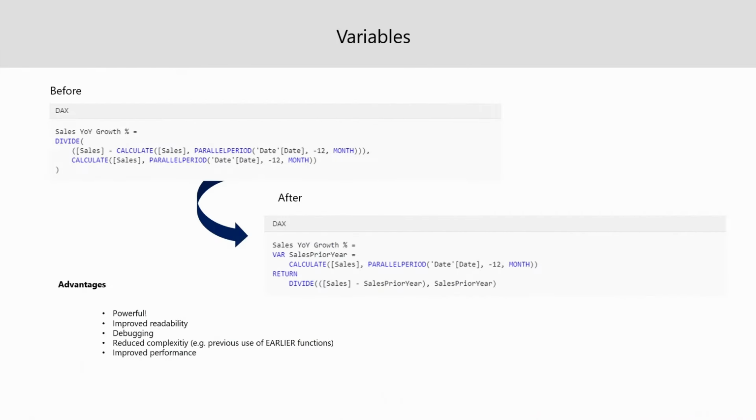Variables are specific DAX formulas that allow you to introduce some complex formulas to your model, while not making the formula too long, but instead using variables as a way to improve the readability, the complexity, and the performance of your function.